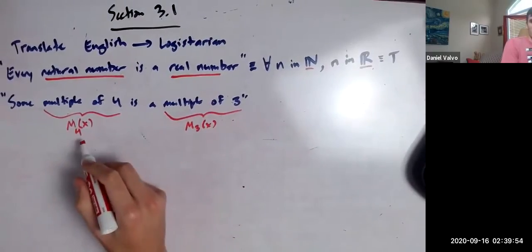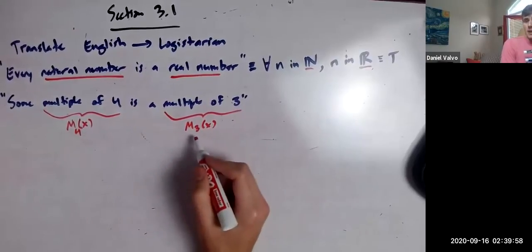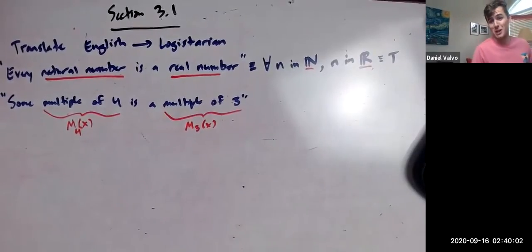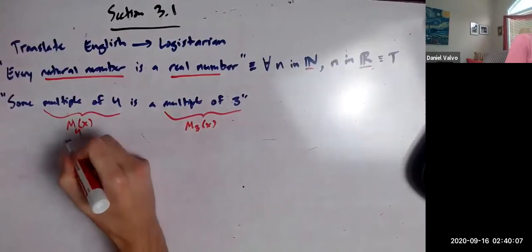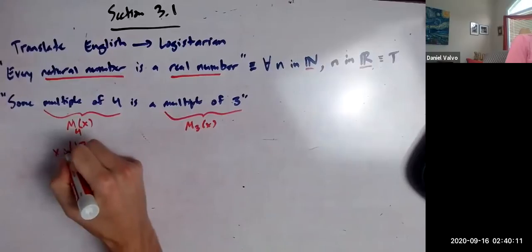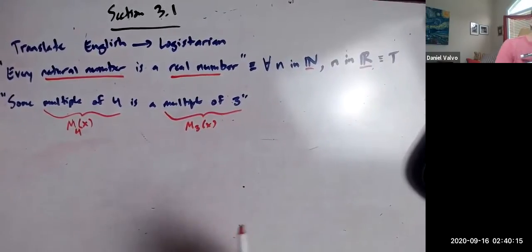So basically, m4 of x is true if x is a multiple of 4, false everywhere else. m3 of x is true if x is a multiple of 3, false everywhere else. This isn't really standard notation, but I like it. Actually, the standard notation would be x in 4Z. You can write it like that, but we're not there yet, so let's do this.